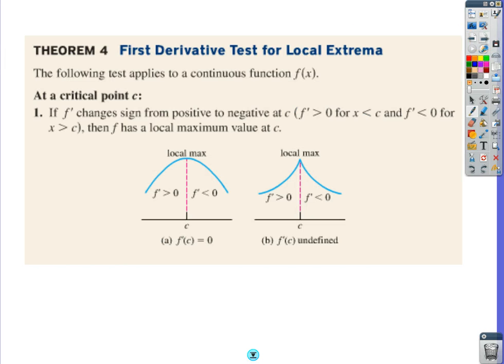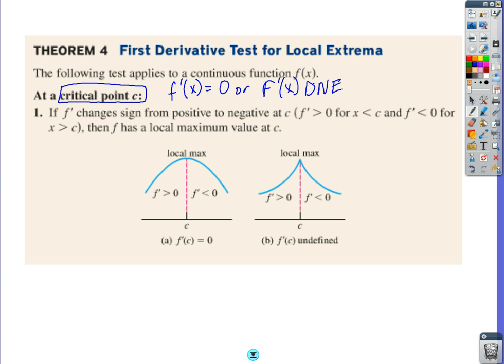So here we go. What we're going to implement is what's called the first derivative test. In order to do the first derivative test, I need to go out and find critical points. Recall that critical points are any points where f prime of x is equal to 0 or f prime of x does not exist.